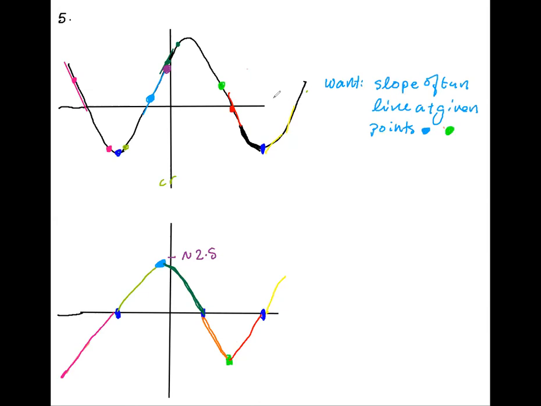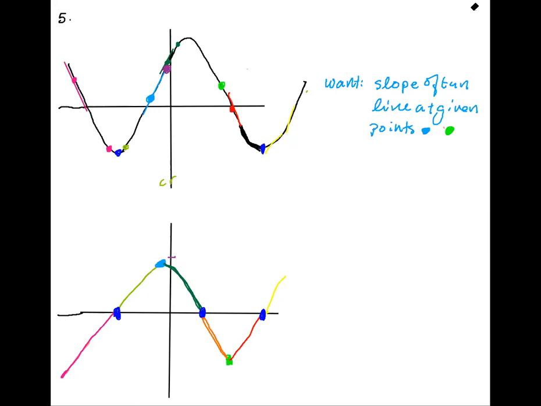Okay, yeah. Stop me if you have any questions about what I'm doing. We know that these blue points are 0. We know that these are zeros. The nature of this graph is that we're not really going to know much about the slopes in between these, and I think that's fine. The slope of this dark green line here is not something that's concerning us. But if we wanted to find the max or the min, what we would need to do is find the slope at this blue point or this green point.